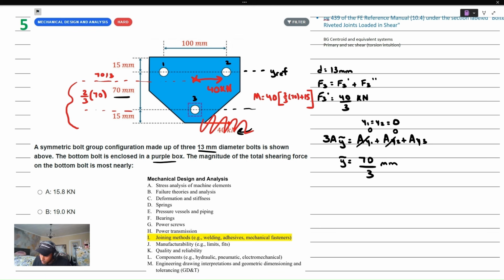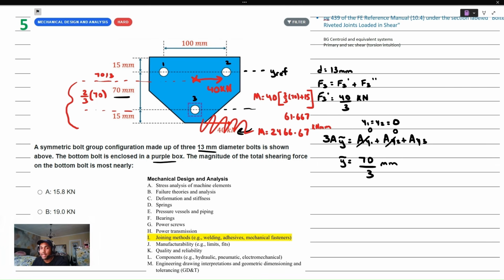That value comes out to be 61.667. If I multiply that by 40, I get a moment equal to 2466.67 kilonewton millimeters. That's the moment produced in the first system, and it is counterclockwise.